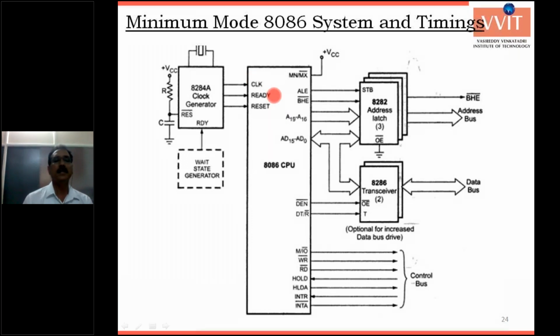Those are indicated in the pin diagram of the 8086. Pins 24 to 31 are separate. The other pins are common for minimum and maximum mode. These pins are separate: M/IO bar, write bar, hold, acknowledge, INTA bar. These are the minimum mode configuration pins.